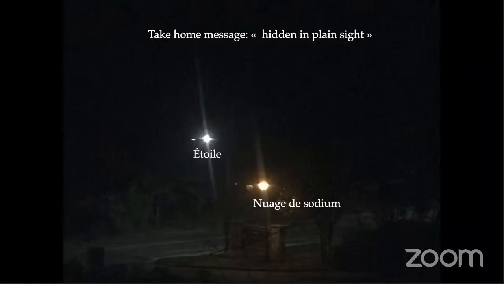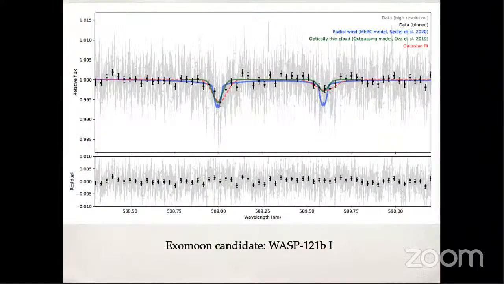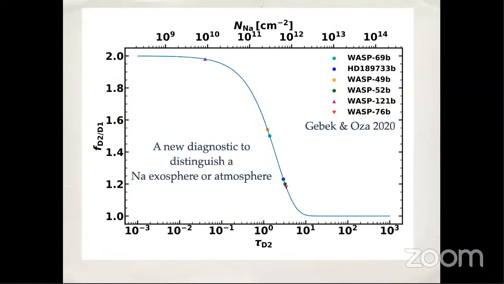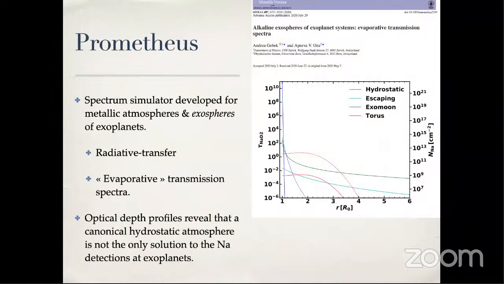Or like in the case of Io, you would see the emission is predominantly coming from the exomoon and it's not uniformly distributed across the torus. In that case, could this be seen in the transit spectra? For example, would it be seen as an asymmetric line profile, which would be observable?